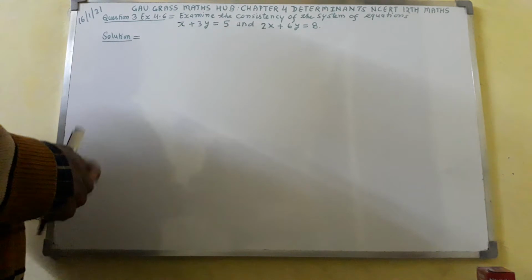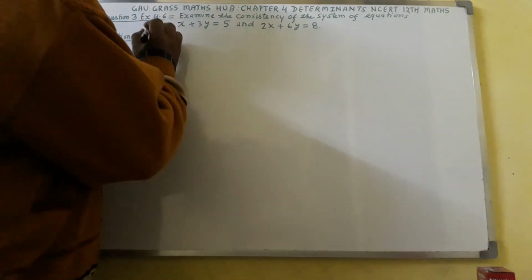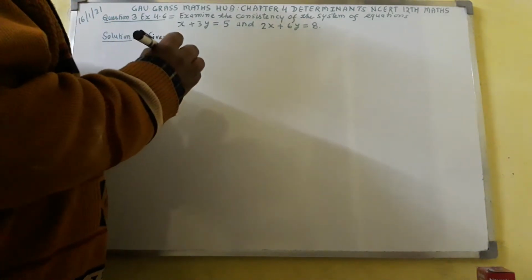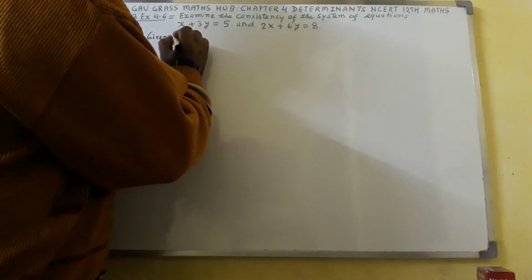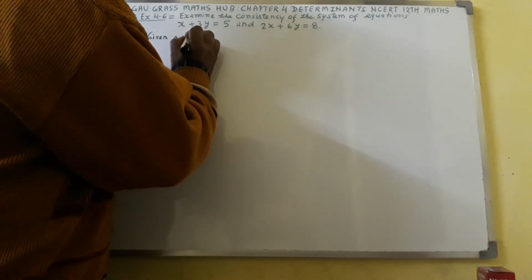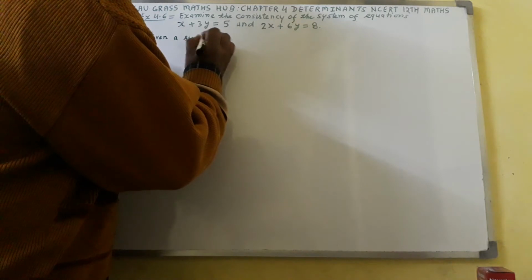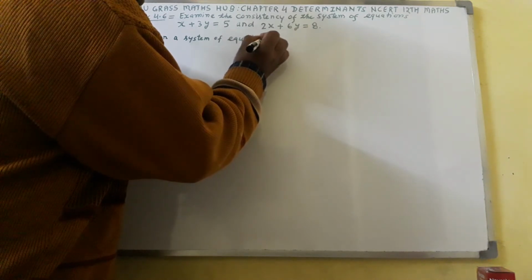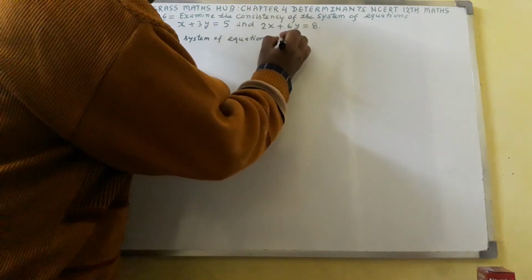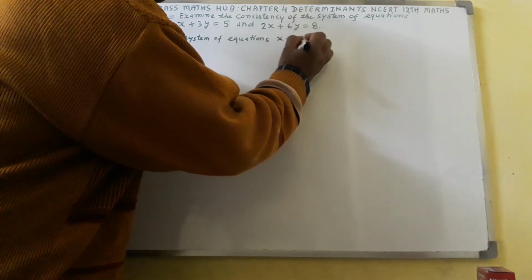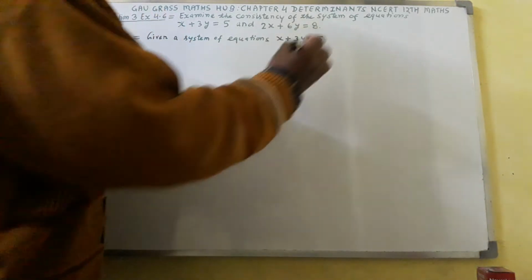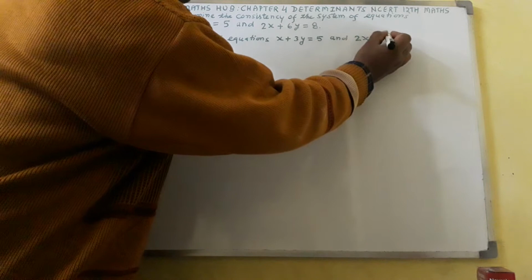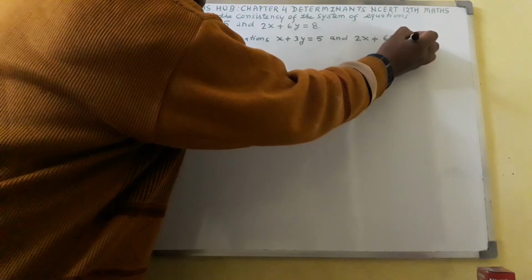Solution: here I shall write, the given system of equations: x plus 3y equal to 5 and 2x plus 6y equal to 8.